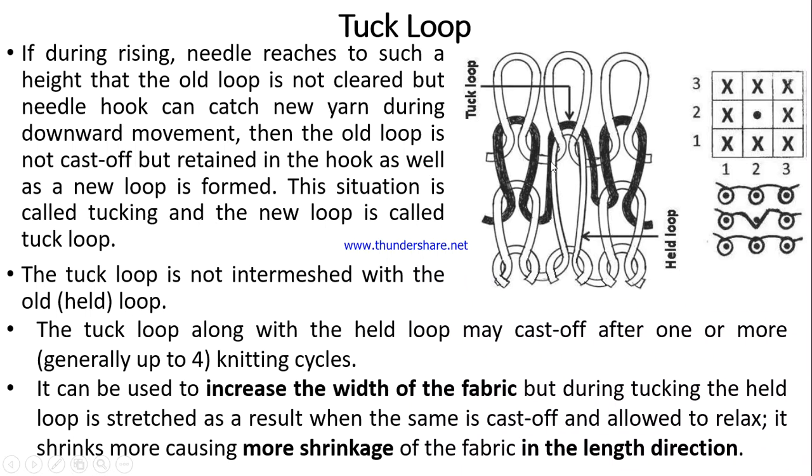The first one knit, the second one tuck, that is by dot. Then the third one again knit. Then for the third yarn, you can see knit, knit, knit. So cross, cross, cross. In this way you can understand the symbolic notation of the tuck loop here by this graph paper.